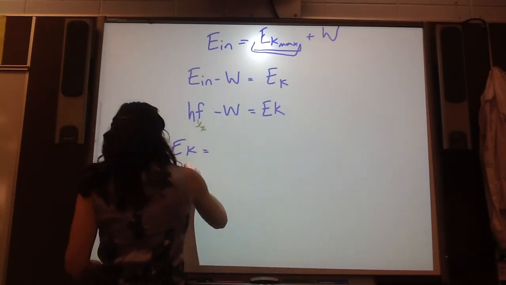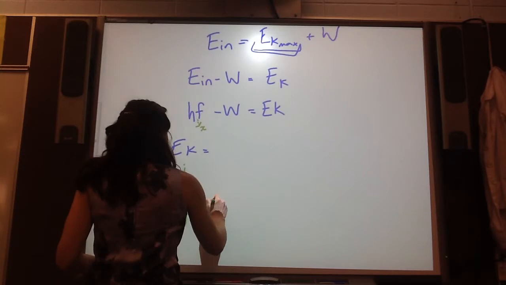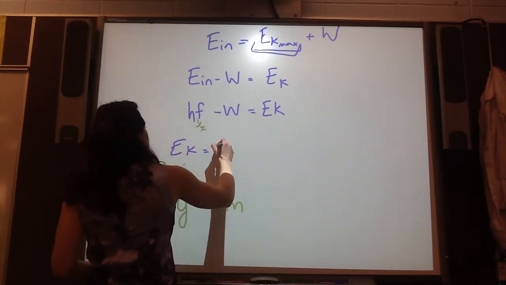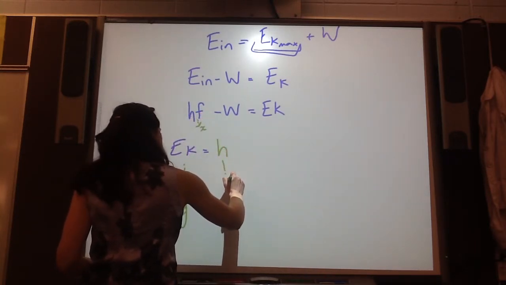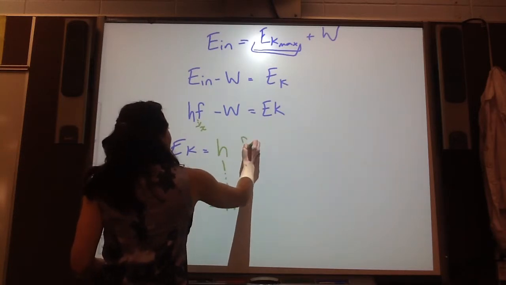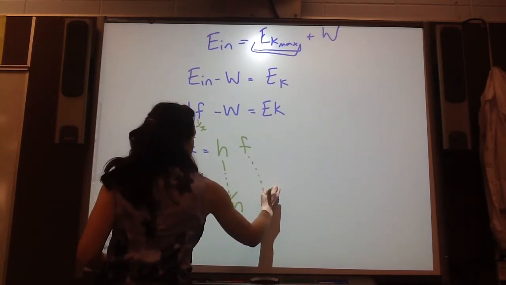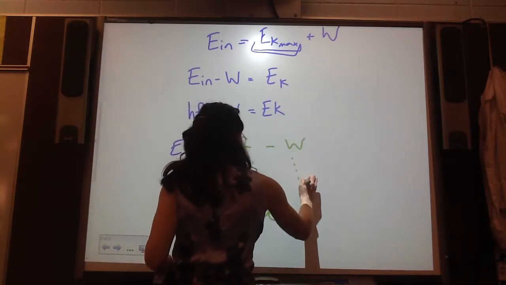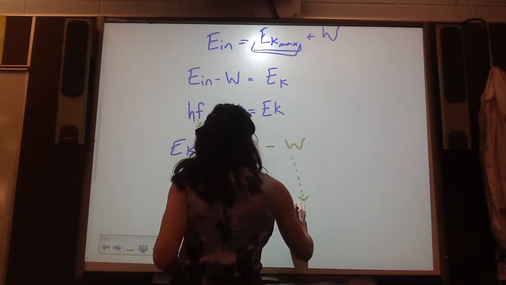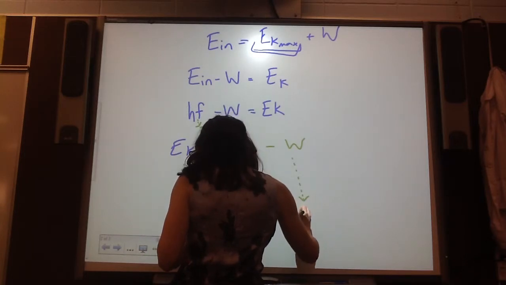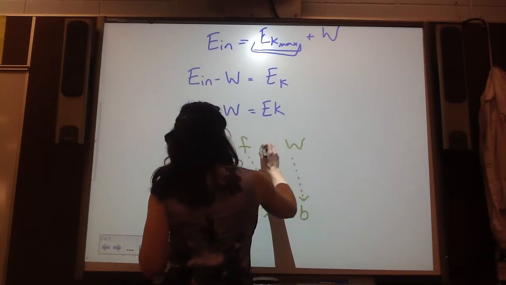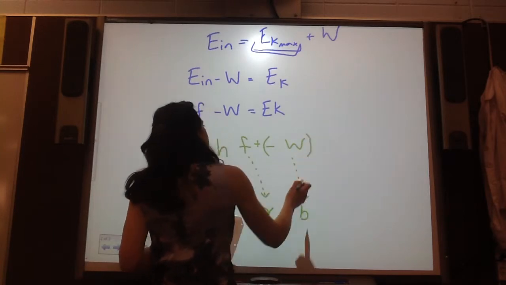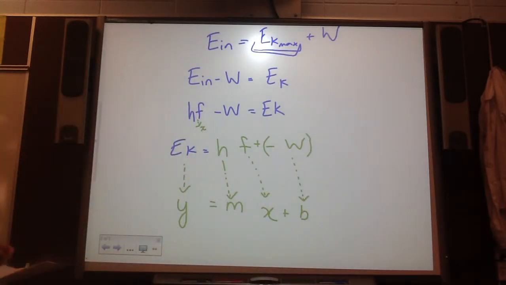If y is equal to mx plus b, then my h is my m, times x, which is f, minus W. This is my b, my y-intercept. Now we have our physics formula to work with.